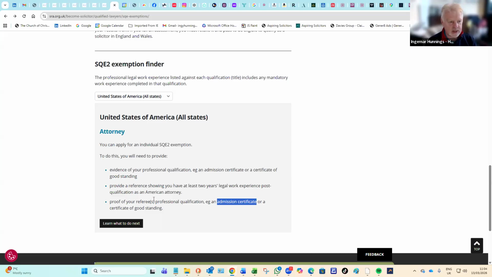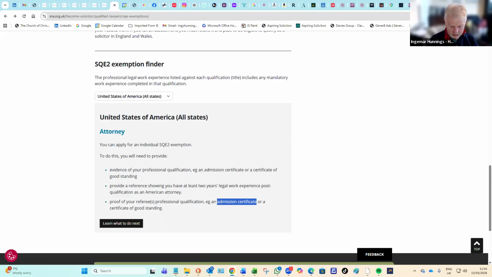Obviously there is no proof of qualification that you can send through, but you would still need to explain in the letter of reference how they were suitable to supervise your legal work. Obviously, then you would need to submit the SRA application form as well as that, and their fee, which at the current position is £265.